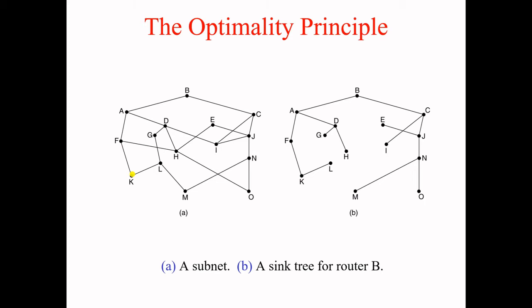Then the optimal path from J to K also falls along the same route.